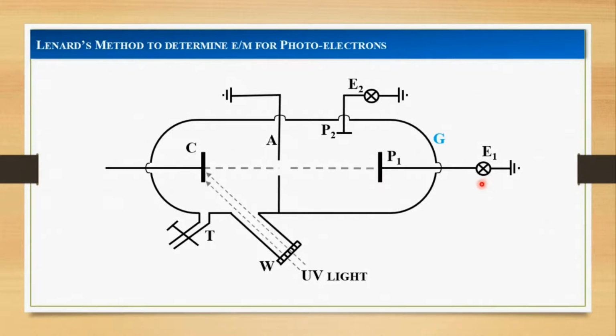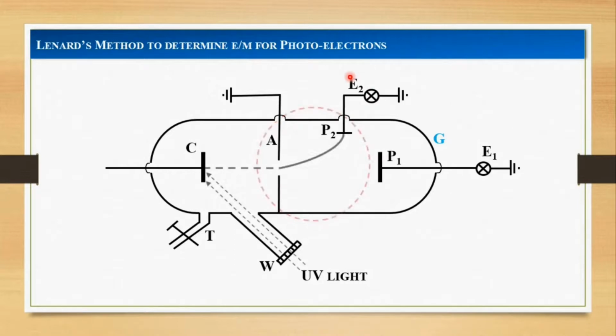When an external magnetic field of strength B is applied perpendicular to the plane of the paper and directed towards the reader, the electrons, instead of going in a straight direction towards the plate P1, travel towards the plate P2 in a circular path, and their arrival at P2 is indicated by deflection in electrometer E2.